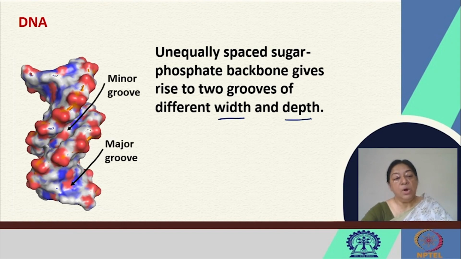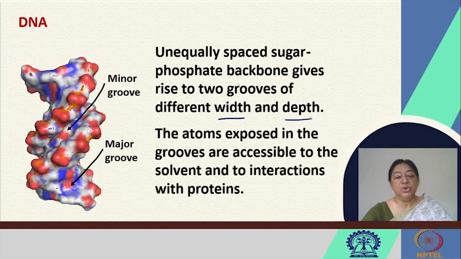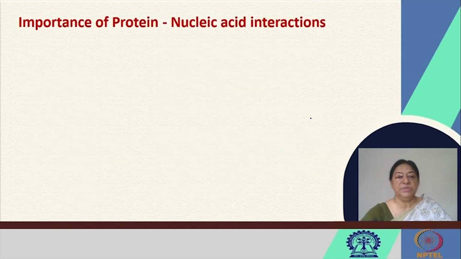And because of the complementarity in the structure of smaller molecules or even with proteins, there will be different molecules that would be capable to bind to these different grooves of the DNA structure. So the atoms that are present here are accessible not only to the solvent but also to interactions with other molecules, including proteins.